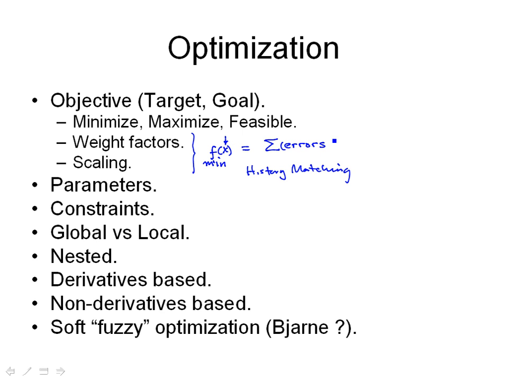These errors are usually called residuals. It can be all sorts of types of data: rates, pressures, gas-oil ratios, whatever you want. We could say this could just be deviations, just normal deviation, something like that.